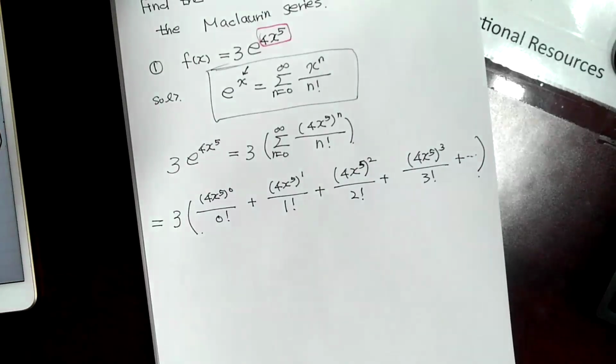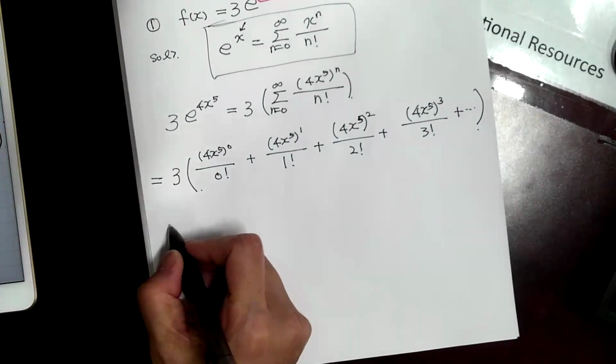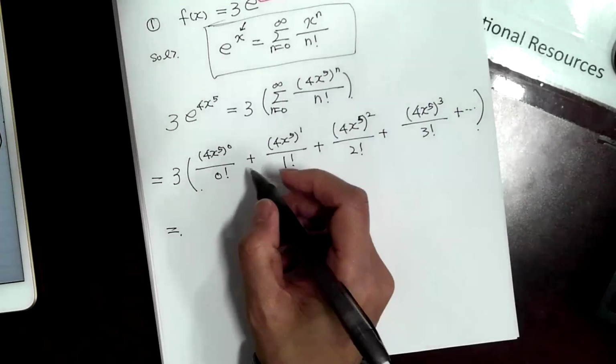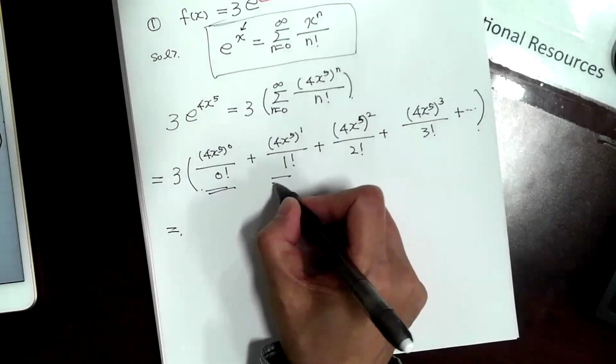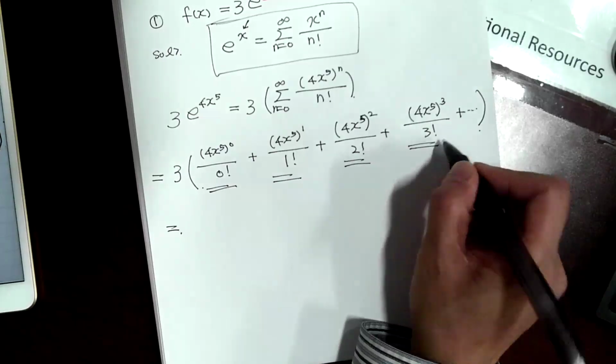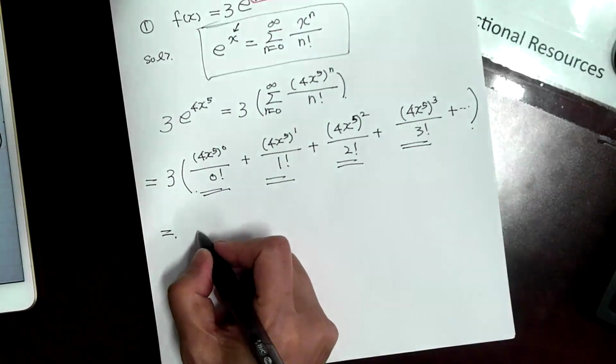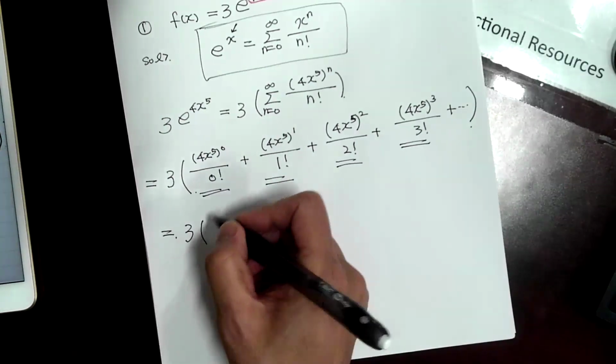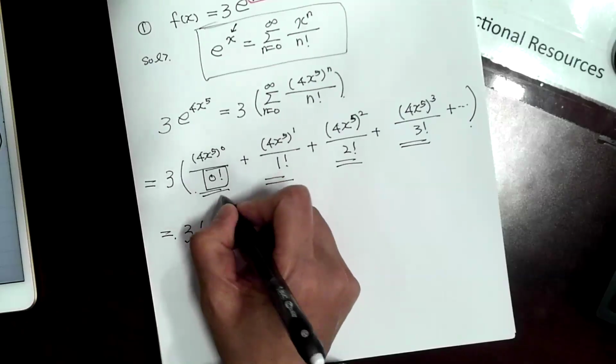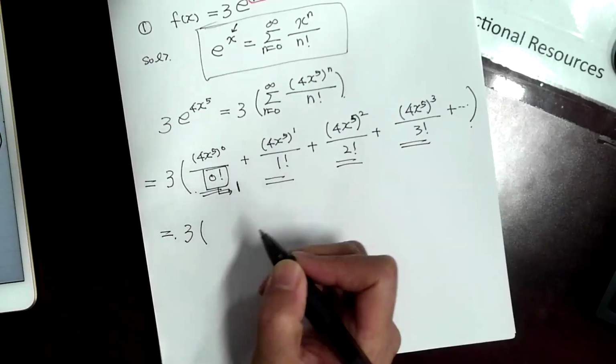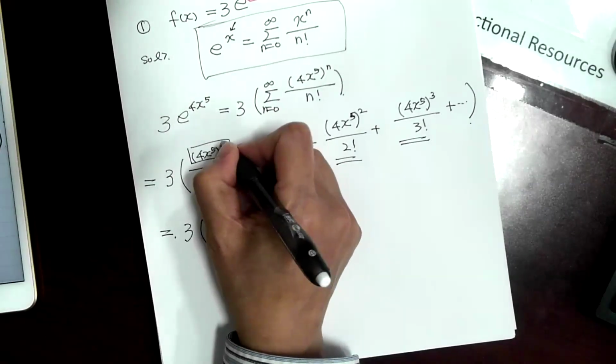So it suggests the first four non-zero terms. So it becomes 3 times, what did I say about 0 factorial? 0 factorial is 1. 0th power is 1.